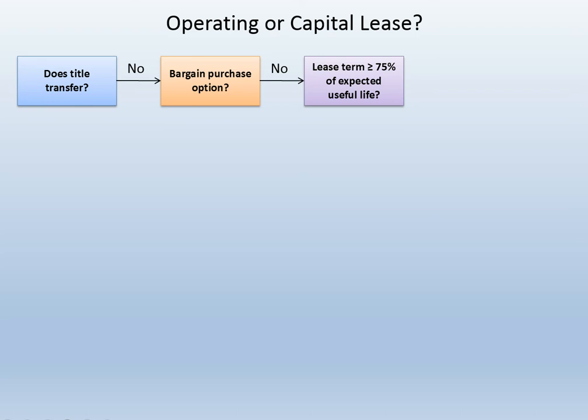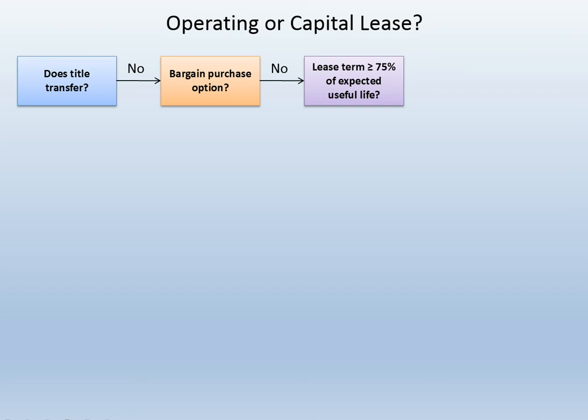That's 120 months, right? So 12 months times 10 years is 120 months. And so what we would do, perhaps, is write a lease agreement whereby we are leasing this asset for 89 months. Well, 89 out of 120 is only 74% of the expected useful life. And so we would answer no to that question.